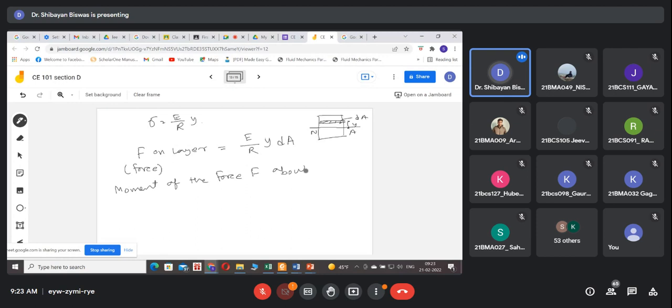So when M is denoted as the moment of resistance of the section due to the stresses generated, this M is also equal to the bending moment applied on the section.